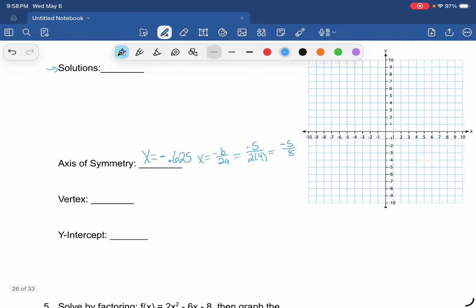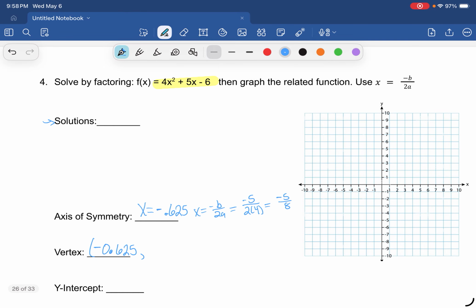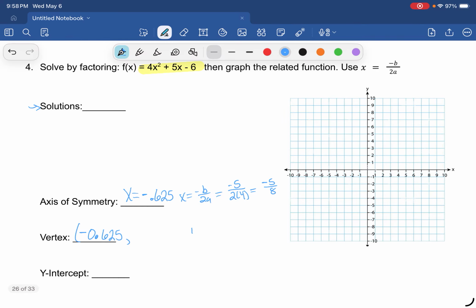Now, once I know my vertex is happening at negative, and I'm going to put a 0 in here so it looks neater, at negative 0.625, that is negative 5 divided by 8, I would plug that into my original equation. So I'd have 4 parentheses, negative 0.625 squared plus 5 times 0.625, and that's still negative, minus 6.